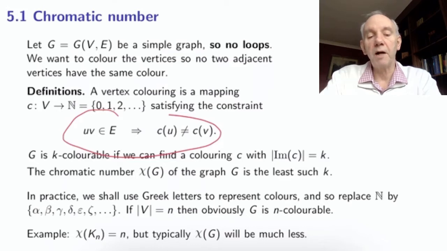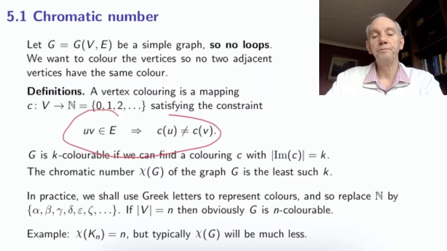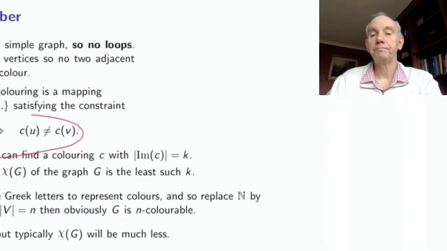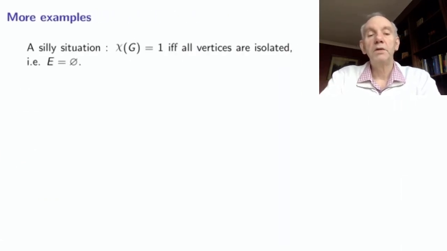But we'll see examples in which typically the chromatic number is much less than the number of vertices. So let's now look at some easy examples. So let's start with the smallest chromatic number possible. We're assuming we've got at least one colour in our bag. So suppose a graph can be coloured with just one colour, supposing that the chromatic number is 1.